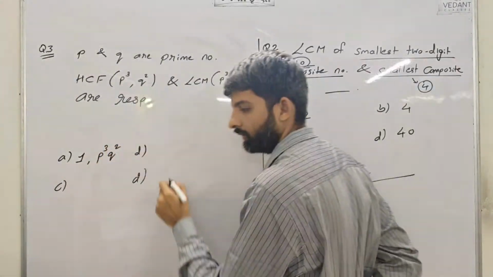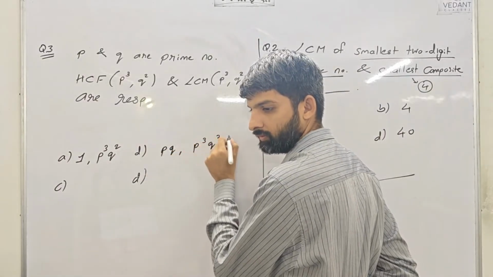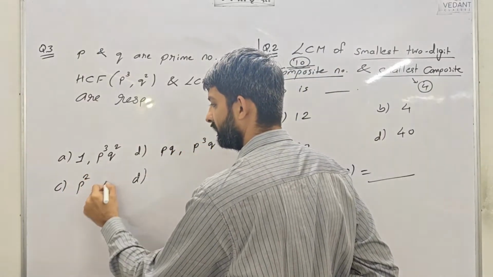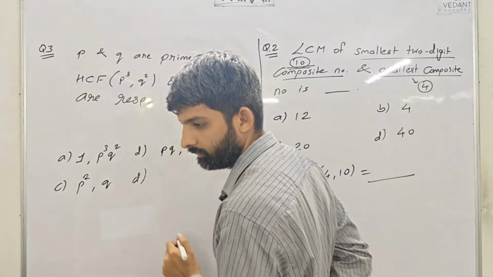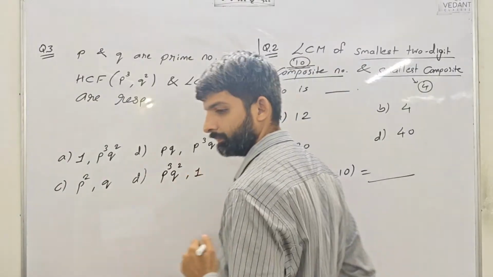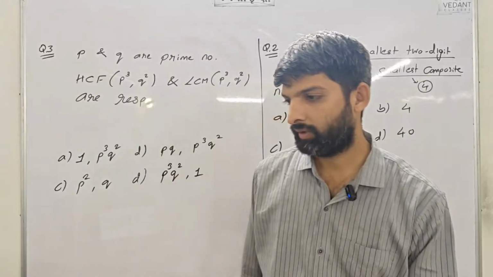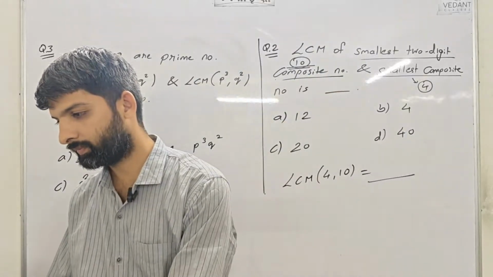Option B, P cube Q square, then P square and Q, and then P cube Q square comma 1. Tell me the answer. Okay, you can take your time and solve.